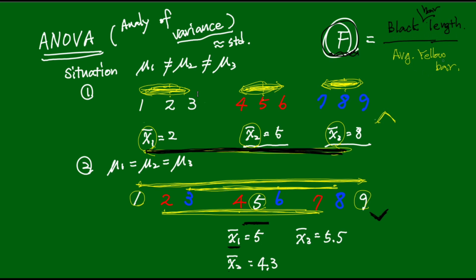Some of you may ask why we use the average here. Because we have one black bar and the yellow bar has 3, I mean the number of groups. Since we have 3 groups, we have 3 yellow bars and 1 black bar, so it's not fair. That's why we use the average of the yellow bar length here.